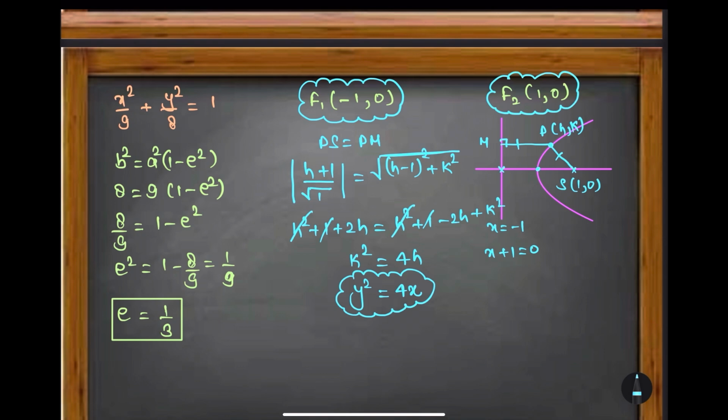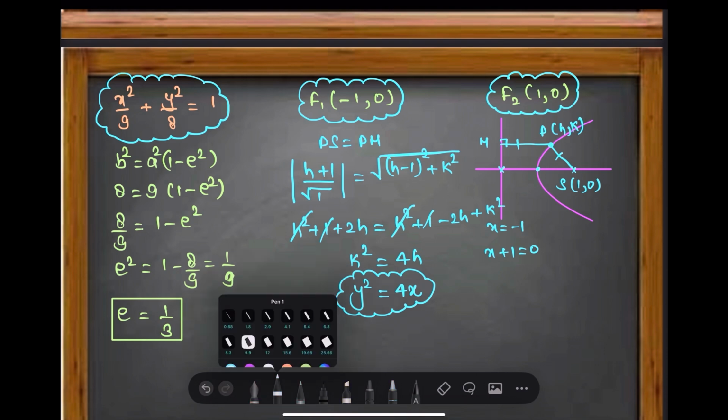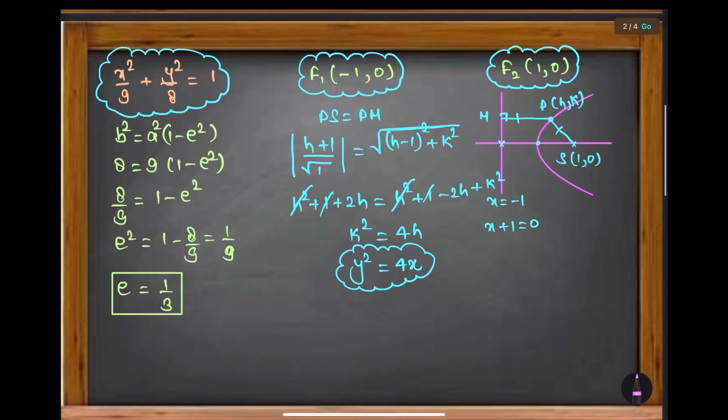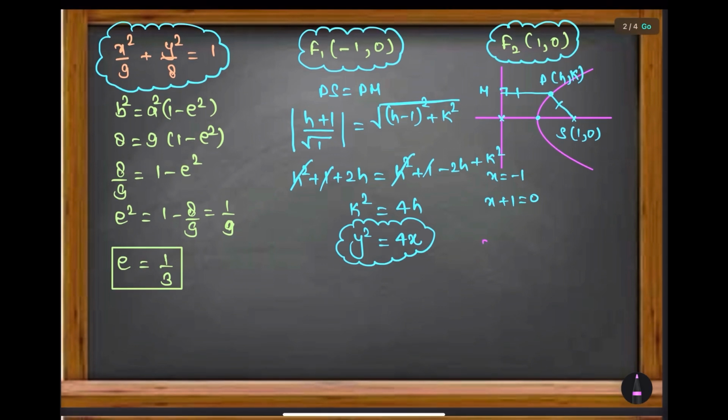Correct? Now, how will we solve? You know that points M and N are the common points of the ellipse and the parabola. So we have to solve this ellipse with this parabola. Let's simplify: x square by 9 plus y square by 8. In place of y square, can I write 4x?